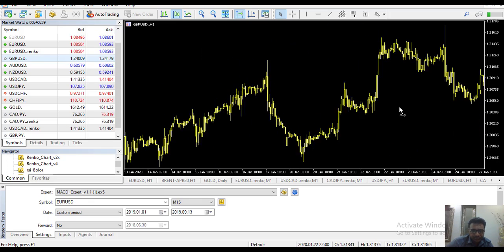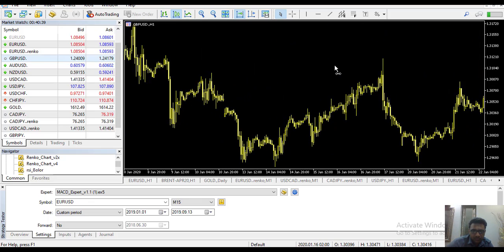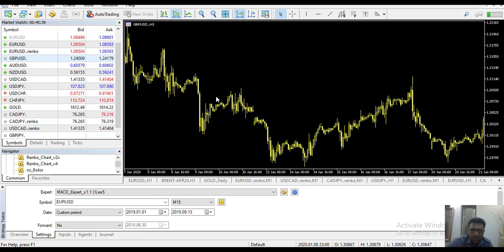So, a downtrend, a new low, actually it's a double bottom, and then a new higher low and a break of this point, right?